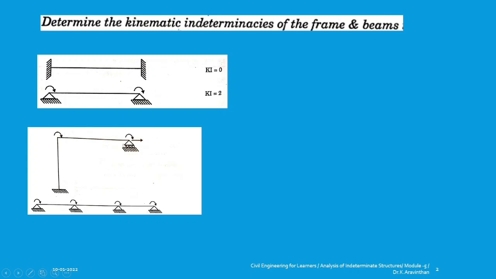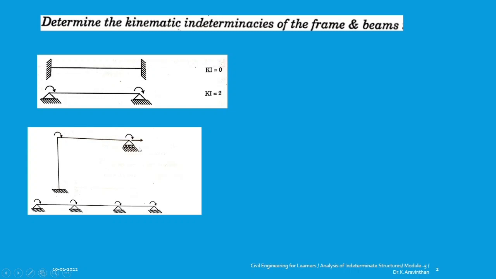Why? Because you have another support here, so it will not allow this joint to move. What can happen is you can have a moment. So a moment is possible. You have 1 support here. So totally if you are adding, how many supports are here? 3 plus 2 plus 1.